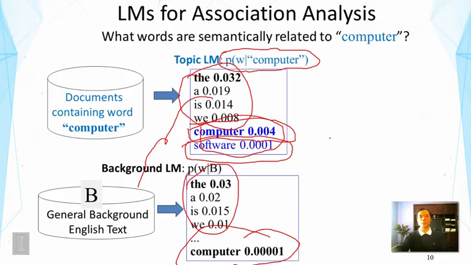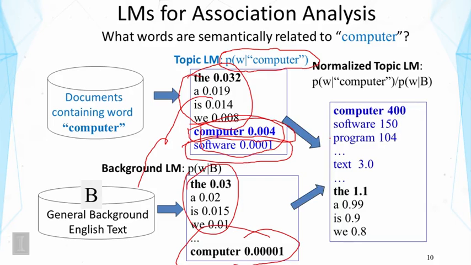So then we can use these two models to somehow figure out the words that are related to computer. For example, we can simply take the ratio of these two probabilities or normalize the topic language model by the probability of the word in the background language model. So if we do that, we take the ratio, we'll see that then on the top, computer is ranked, and then followed by software, program. All these words are related to computer because they occur very frequently in the context of computer, but not frequently in the whole collection.